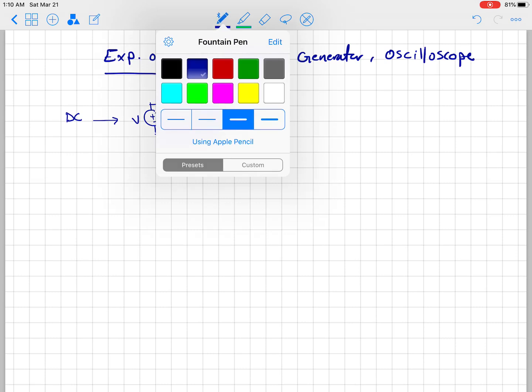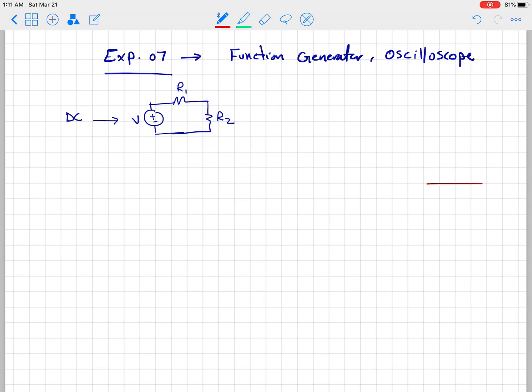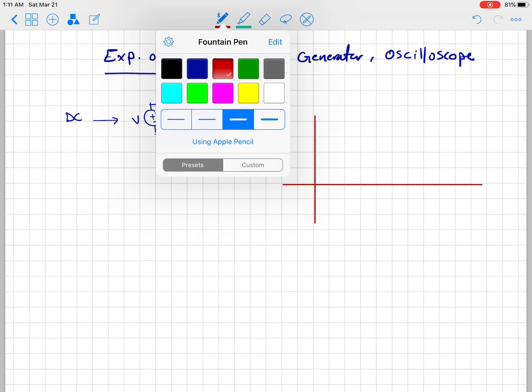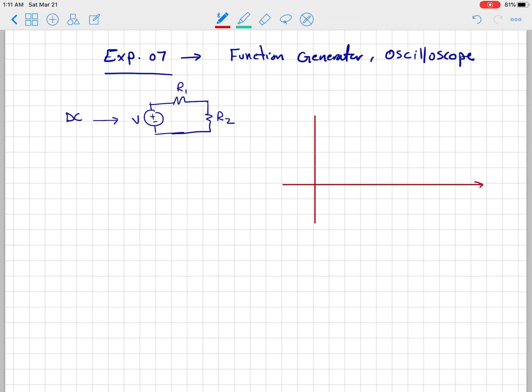This is R1, R2, and you can have as many resistors as you want. So if we want to plot, for example, the current versus time, or the voltage versus time, we see here, if the x-axis is the time axis, the y-axis is the voltage axis, and let's say that this voltage source is 10 volts, for example.